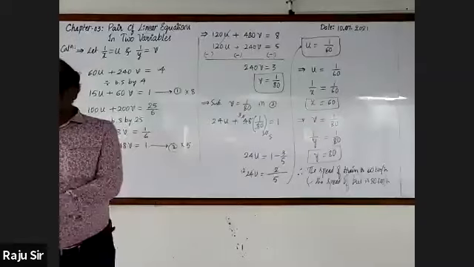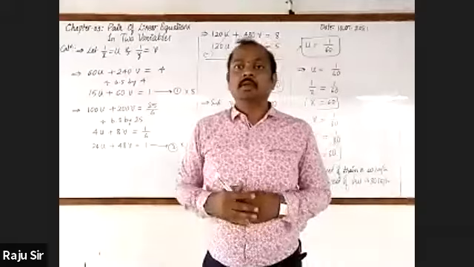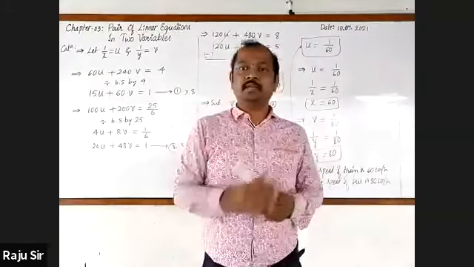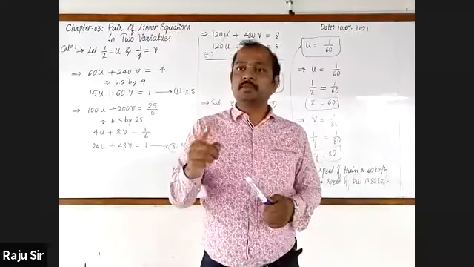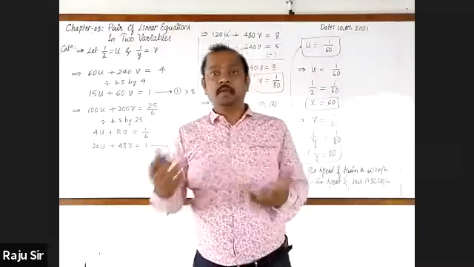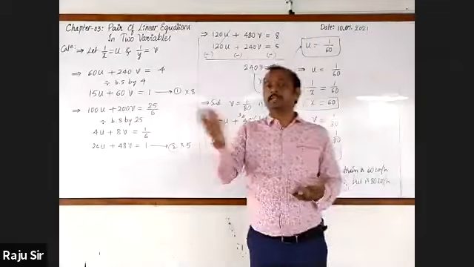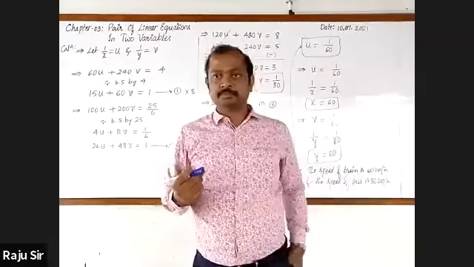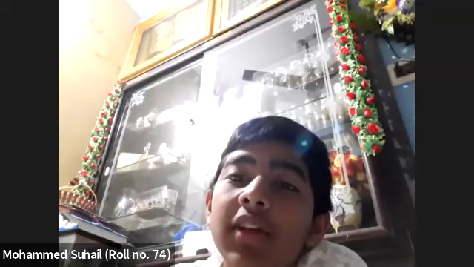Okay. Now we are moving to one more type. It is with respect to income, expenditure, and savings. And this type was also given in the examination. We have already come to know the relationship among these three. Income is equal to expenditure plus savings.